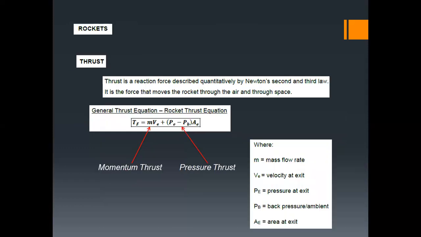We have thrust. Thrust is a reaction force described quantitatively by Newton's second and third law. It is the force that moves the rocket through the air and through space.